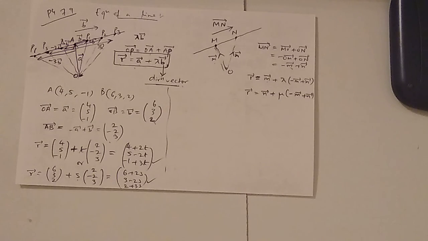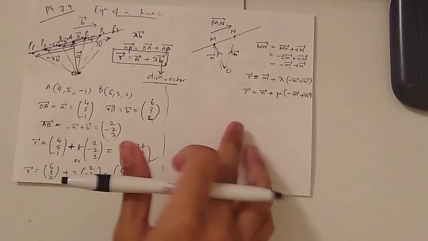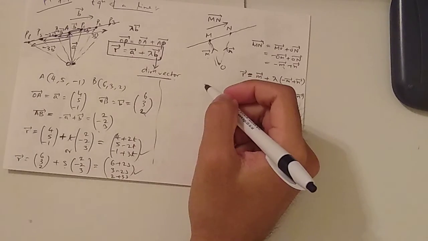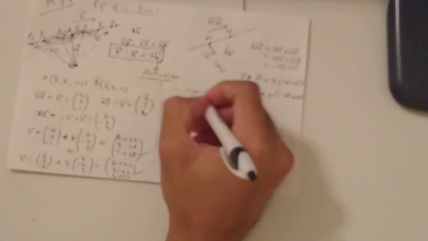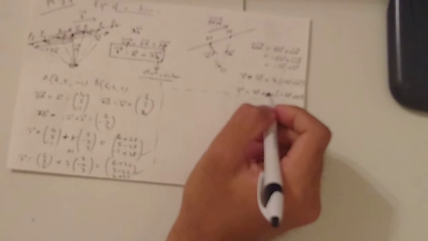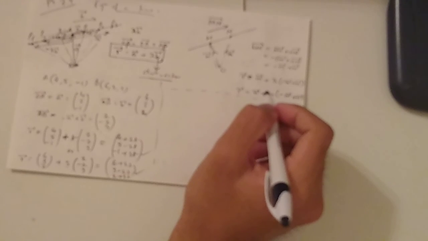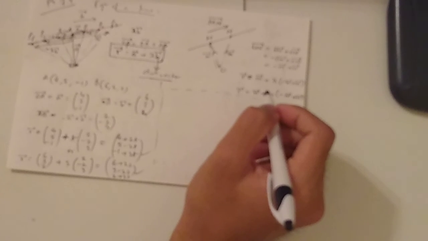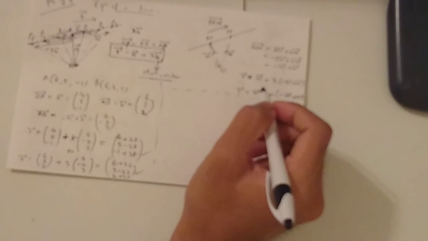Now let's consider an example, a very similar question to what you have in example 33. In example 33 they have a question where you're asked to find the coordinates given that a point lies on the line.